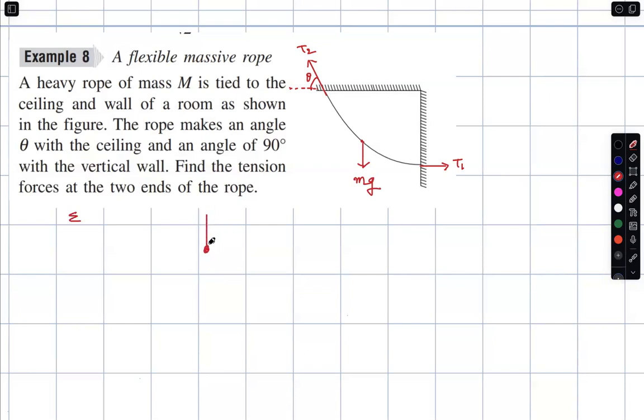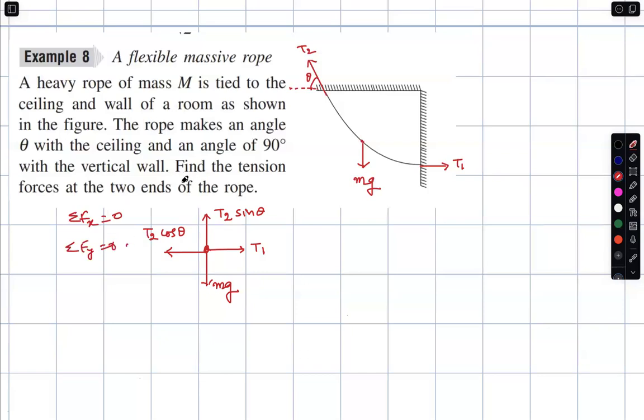What are the upward forces right now? One is T2 sine theta. The other is mg. What are the horizontal forces? One is T1. The other is T2 cos theta. This is the free body diagram. And the system is in equilibrium. Sigma Fx is 0, sigma Fy is 0. Who said this?